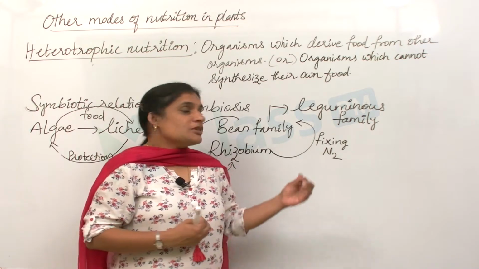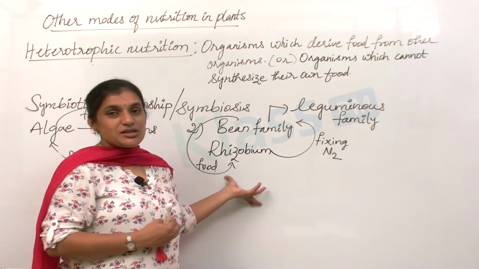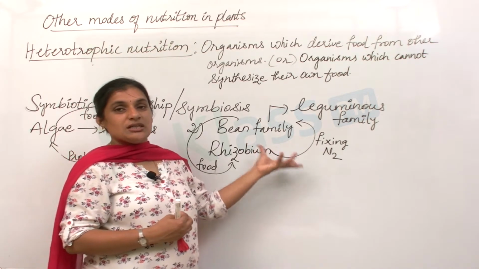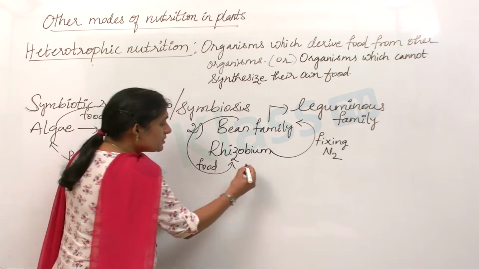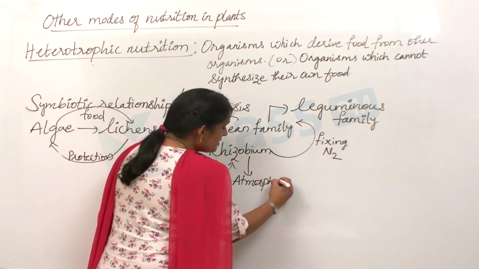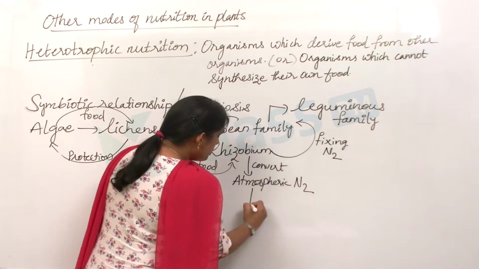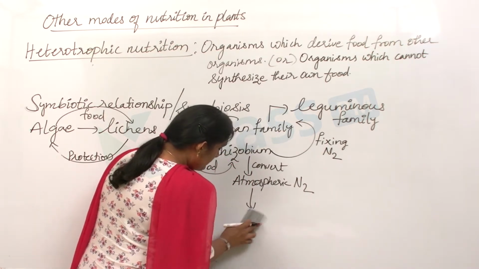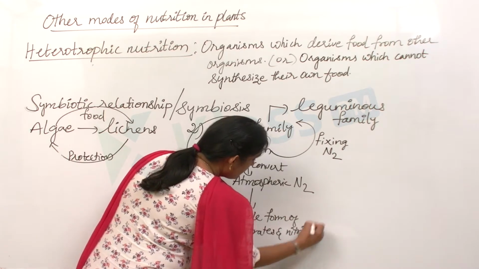So what does the Rhizobium bacteria do? It will show a mutual relationship by converting atmospheric nitrogen into soluble forms, nitrates and nitrites.